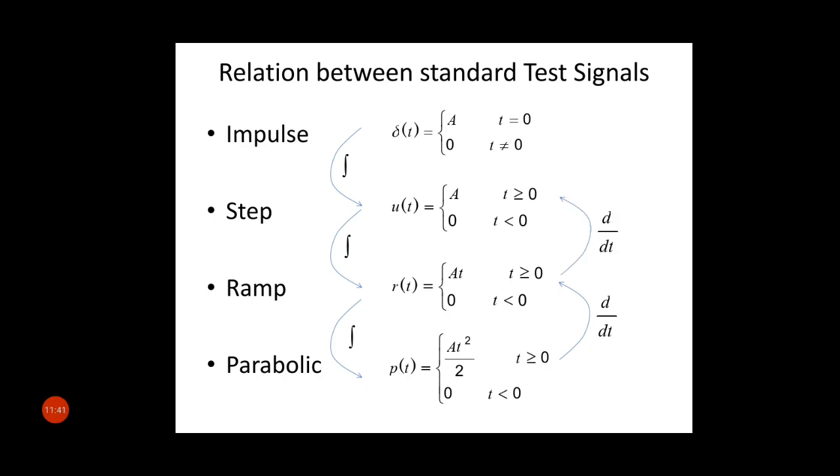And if we want to get u of t, what will we do? We differentiate r of t with respect to t, then we will get u of t. And if we want to find del of t, what will we do? We differentiate u of t, then we will find del of t.